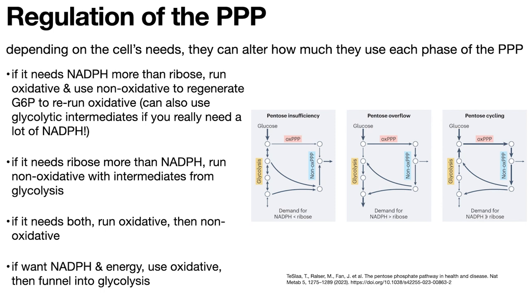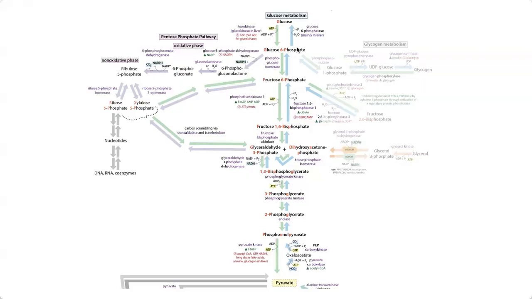If you want NADPH and the ribose, then you just go straight through. You go from your glucose to the oxidative pathway, through the non-oxidative pathway, take the ribose and use it. If you just want the nucleotides, and you want more energy rather than more NADPH, well, now you can just go from glycolysis directly into the pentose phosphate pathway and make things that way.